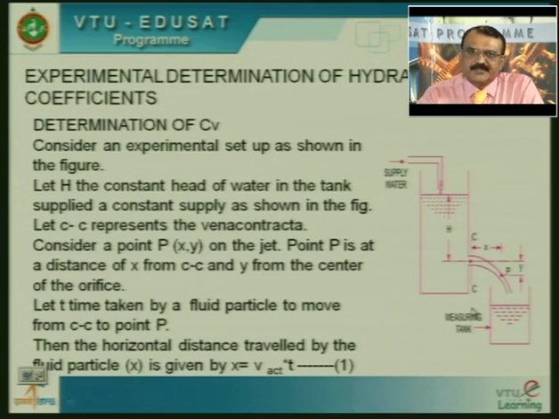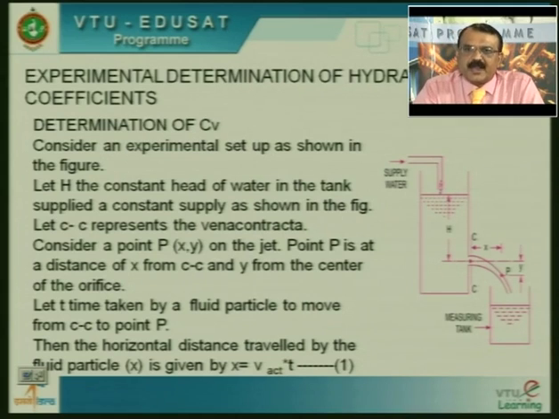Let us first discuss the coefficient of discharge, then we will come to the coefficient of velocity. Coefficient of discharge is equal to actual discharge divided by theoretical discharge. So actual discharge is equal to coefficient of discharge into theoretical discharge.